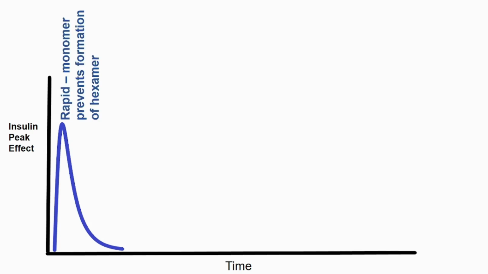Here is what makes the key differences in their insulin preparation and mechanisms. First, let's start with the peak effect of regular or rapid insulin.